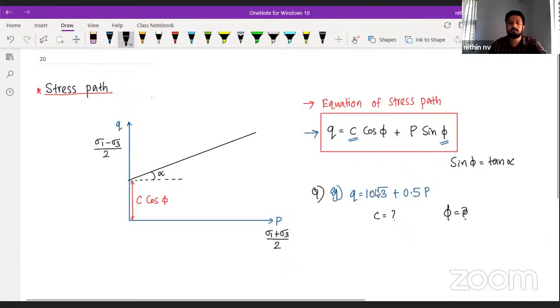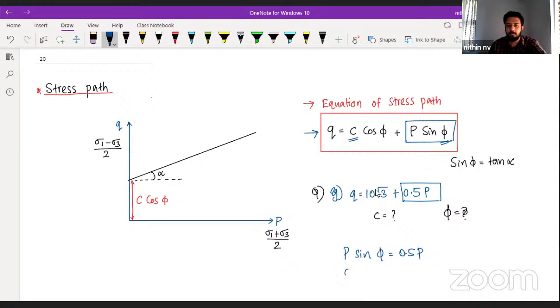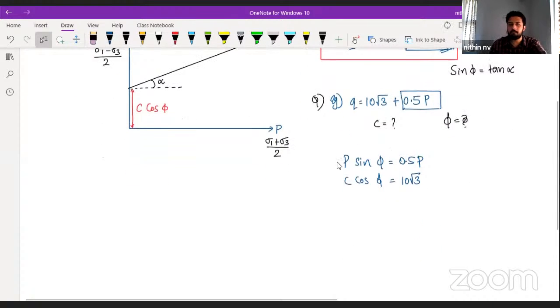If you remember this general equation, we can easily calculate. Can you calculate and tell me? I can easily put P sin phi is equal to 0.5 P. Similarly, C cos phi is equal to 10 root 3. Enough, two equations we can make.